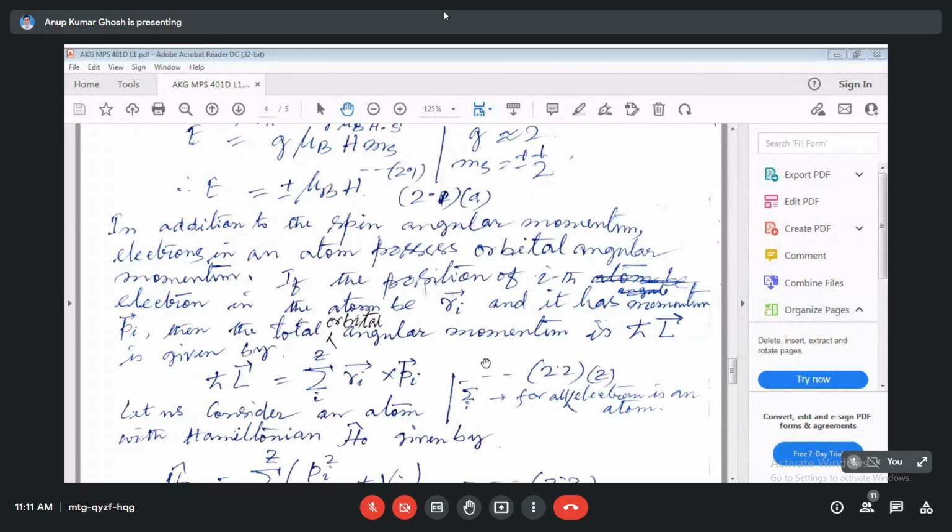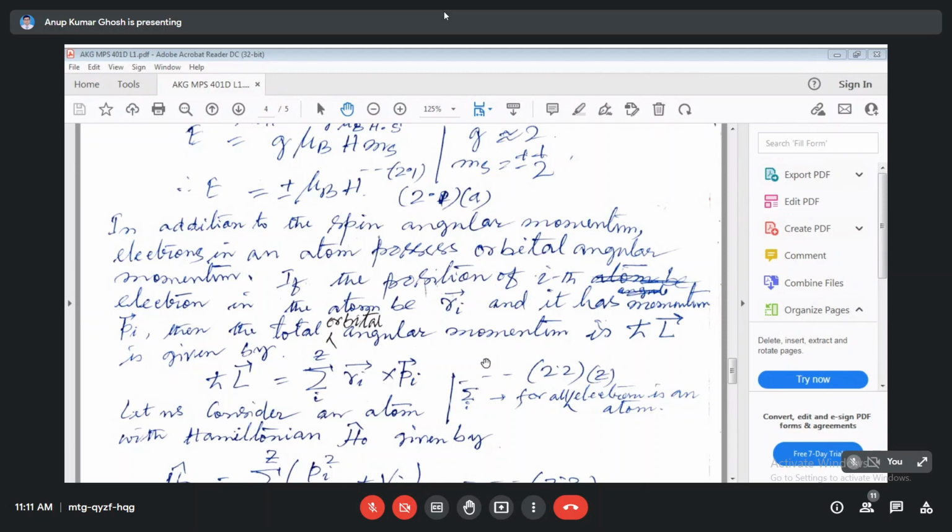So in addition to the spin angular momentum, electrons in an atom possess orbital angular momentum also, because you have spin and you have orbital angular momentum.